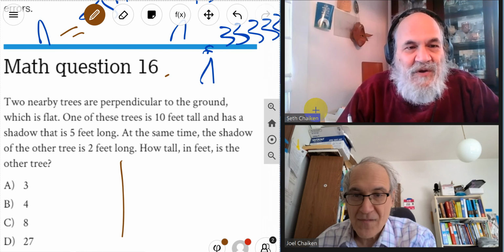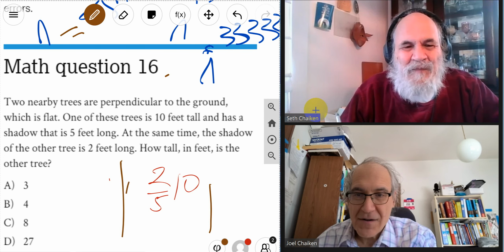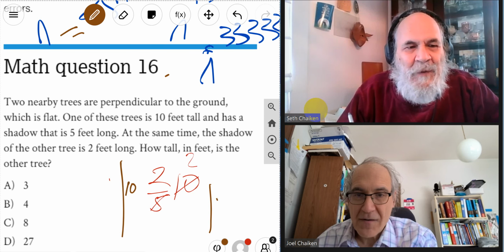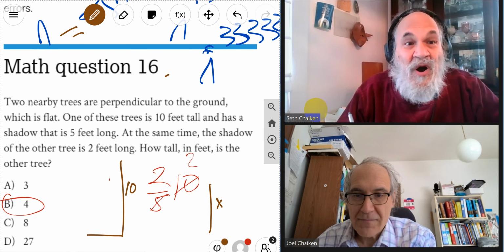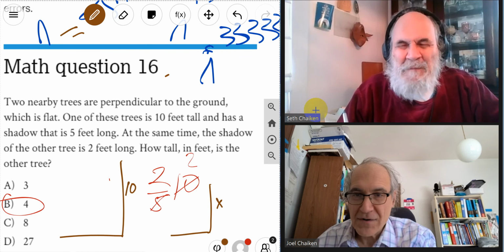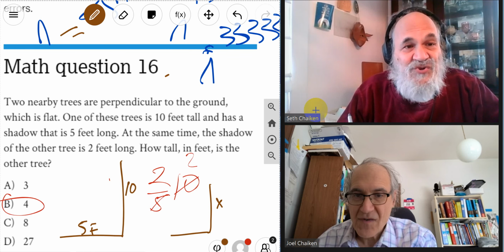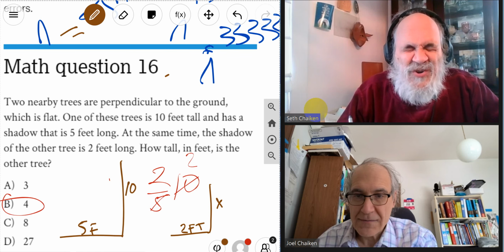Well, I think it's 2/5 of 10. Yeah, but it's helpful to draw. The answer is 4. Right. Okay. Why? Well, let's draw the picture. This is a proportion problem. We have a short tree and a tall tree.